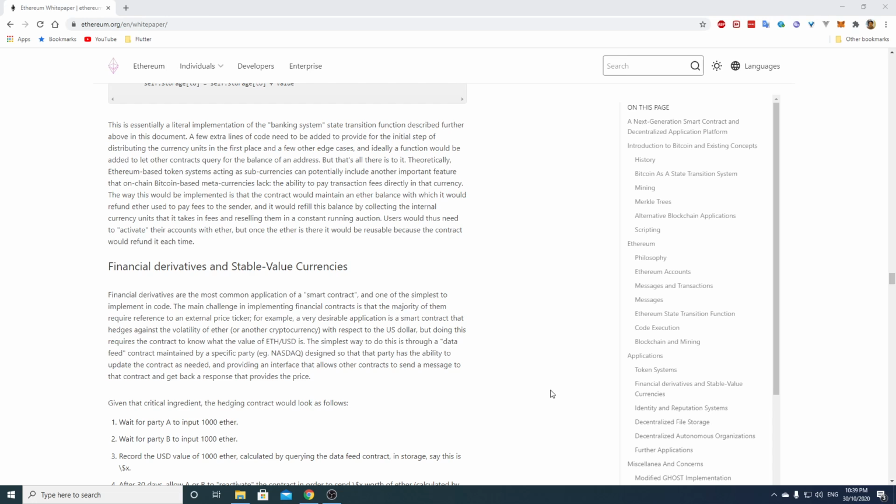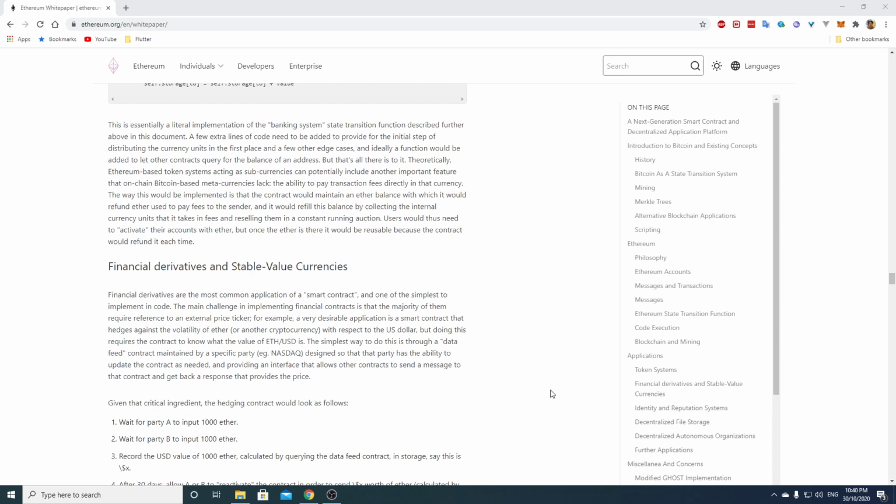Therefore, the price has to come from the outside. So somebody has to call into this reference price contract and update the state of the ETH/USD pair.